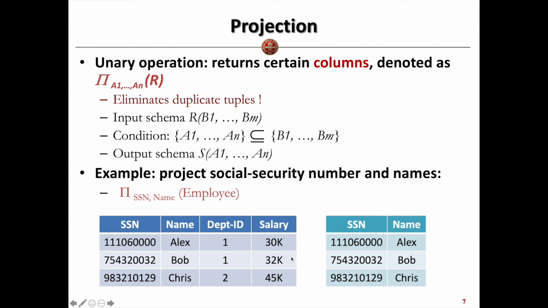Originally, we have 3 tuples. However, this operation doesn't do selection by the rows, right? In other words, all the tuples we have will be maintained in the output relation. We still have 3 tuples in the output table: Alex, Bob, and Chris. We extract the SSN and name in the output table.